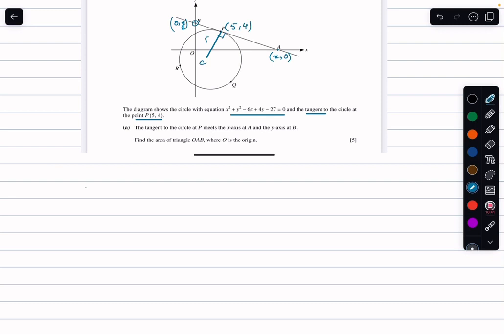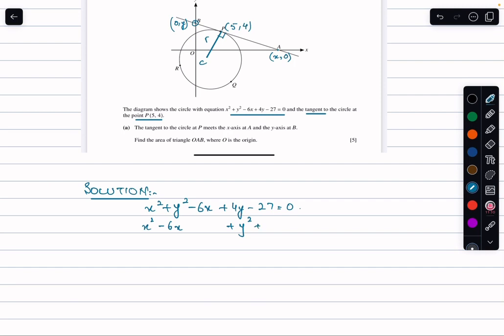We have the equation x squared plus y squared minus 6x plus 4y minus 27 equals 0. We have this equation rearranging so that all x's are together, leaving some space for the term that we need to add.